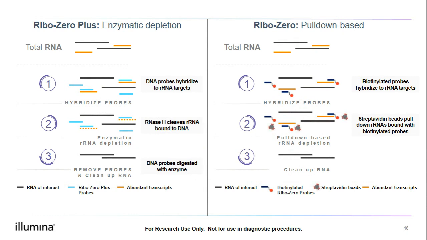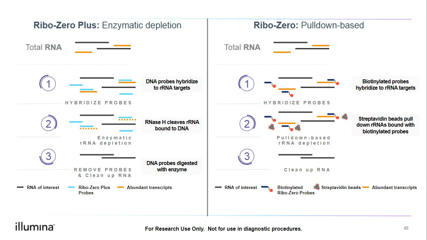Let's take a closer look at the Ribo-Zero Plus enzymatic depletion and the Ribo-Zero pull-down based depletion. On the left with Ribo-Zero Plus, we use DNA probes that hybridize to rRNA target. RNase H then cleaves the rRNA bound to the DNA probes, and the DNA probes are digested away, leaving us with our rRNA depleted input.